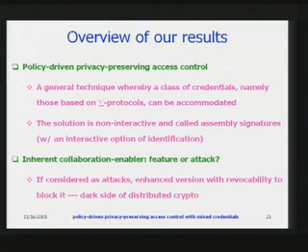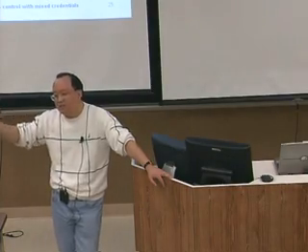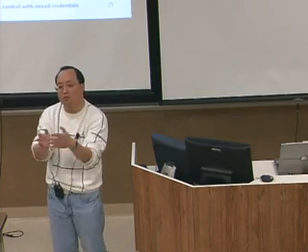Say this building's gate has a policy, which means under certain circumstances you can get into this building, right? If I have all the credentials, then I can get in. But what if I don't? I only have some of them. If I have a friend who has the others, and we can put them together, then we can get into the building. So using this as a tag or a feature.